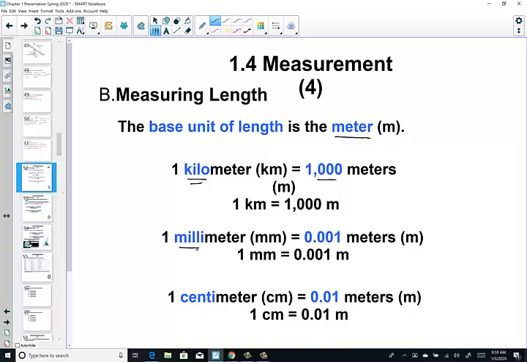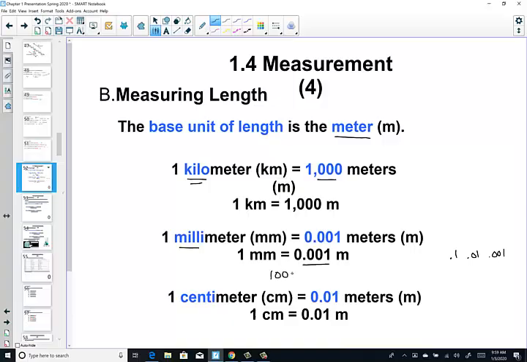A millimeter represents 1,000th of a meter. So 0.001 is a thousandth of a meter. Keep in mind 0.1 is a tenth, 0.01 is a hundredth, 0.001 is a thousandth. A millimeter is a thousandth of a meter.